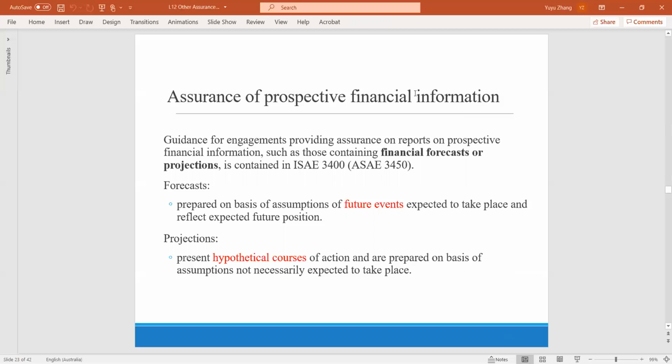Limited. It would be more likely to be limited level assurance because the auditors would usually feel it's very hard to provide high level assurance over a lot of assumptions and hypothetical courses of action. This hasn't happened, it is very uncertain and very risky to issue high level assurance over those information. So normally that would be limited level assurance for prospective financial information.